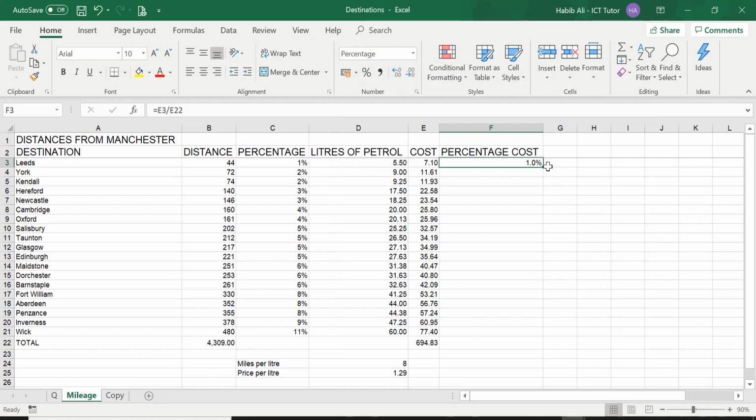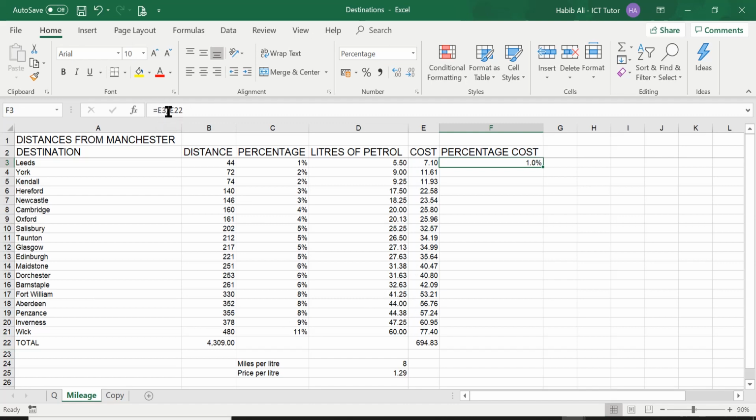Now again, I'm going to replicate. I hear you telling me not to because I haven't made something absolute. Do you think I should make anything absolute here? E3 or E22? Which one do you think? Should E3 change as I replicate down, because this is the cost of individual destinations. So these should change.